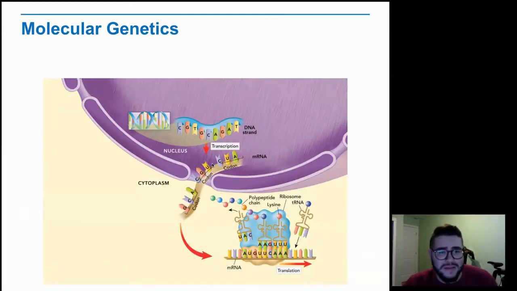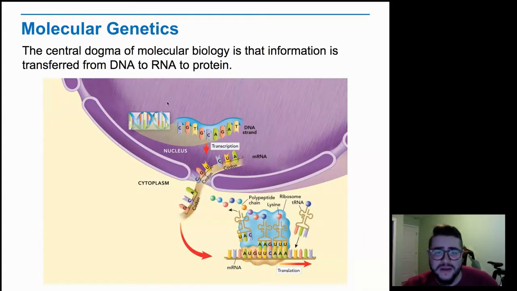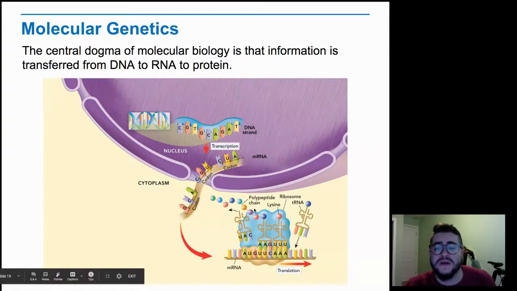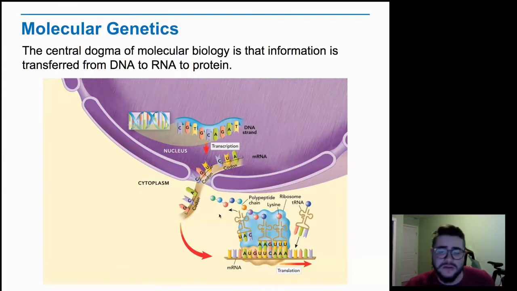And that's the basis of molecular genetics. It's called the central dogma because all of biology relies on this. Anytime anything is made in the body, this is the process, right? A section of the DNA is read off and a copy is made. That's transcription. The mRNA copy then leaves the nucleus, goes into the cytoplasm, and attaches to a ribosome. In that ribosome, there's rRNA, and tRNA is used as well to make this polypeptide chain.